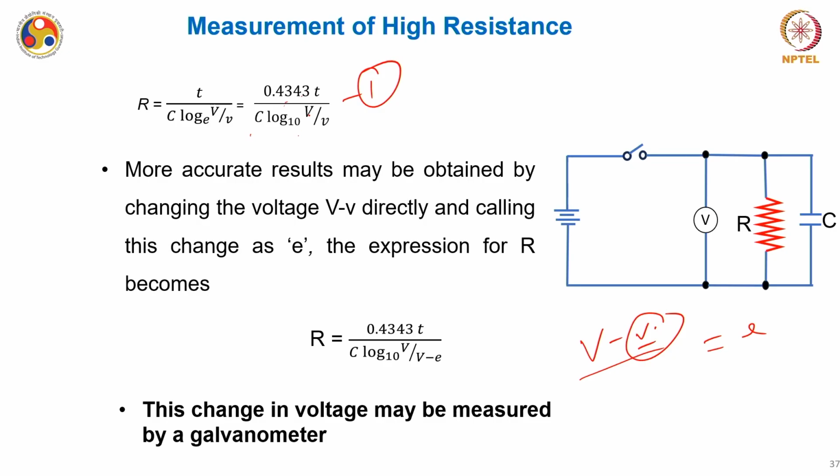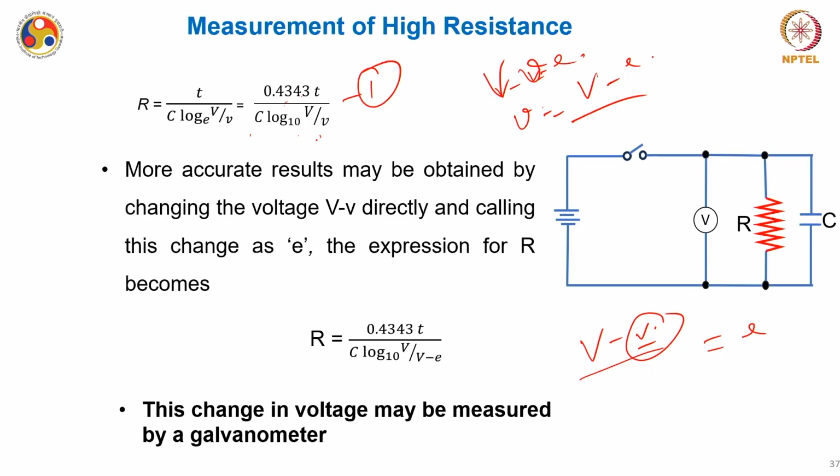Now I am calling V minus v as E. So I can say that this small v, which is the voltmeter reading at any instant of time, is V minus E, where E is the difference, at any instant, between the EMF value and the voltmeter value.